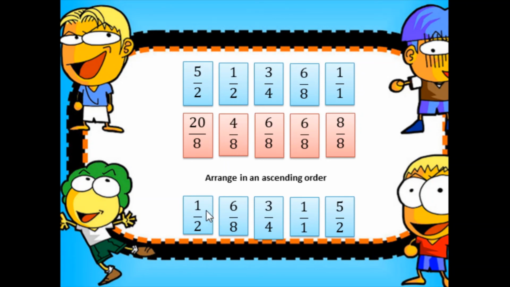So we write 1/2 followed by 6/8, 3/4, 1, and the last one is 5/2. That's it. The fractions are already arranged in ascending order.